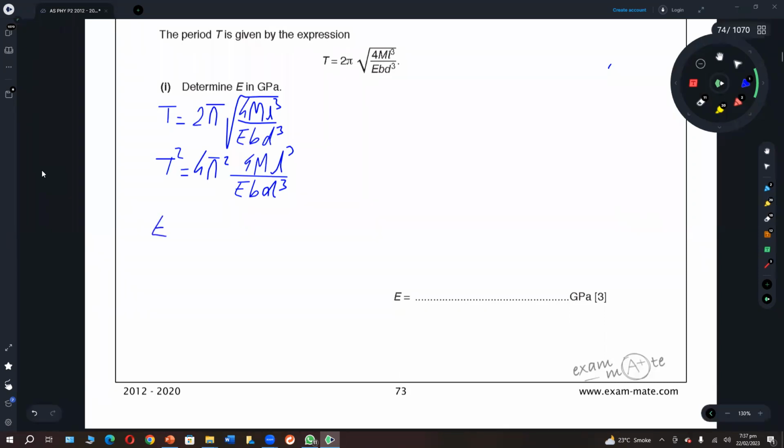So I will move E here. And I will say 4 into 4, 16 pi square m L cubed upon T square B D cubed.